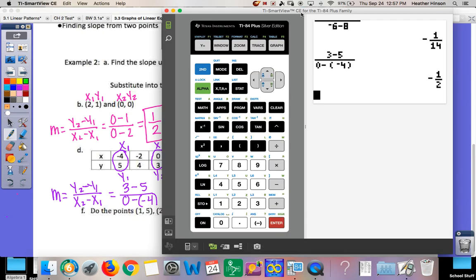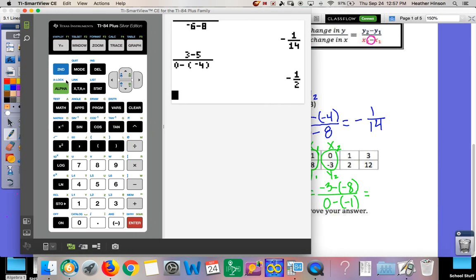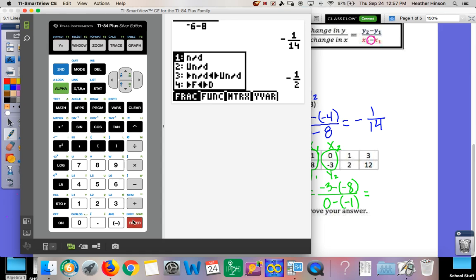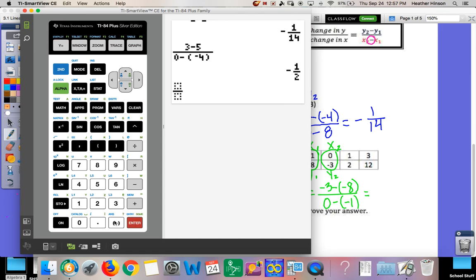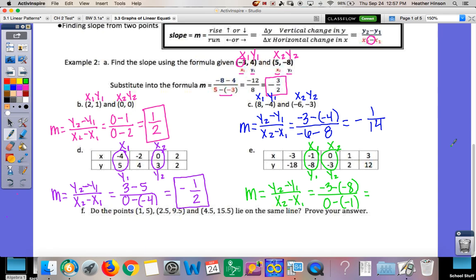And plug it in. So alpha y equals, enter, negative 3 minus parentheses negative 8. On the bottom, 0 minus parentheses negative 1, and hit enter. So our slope is 5.